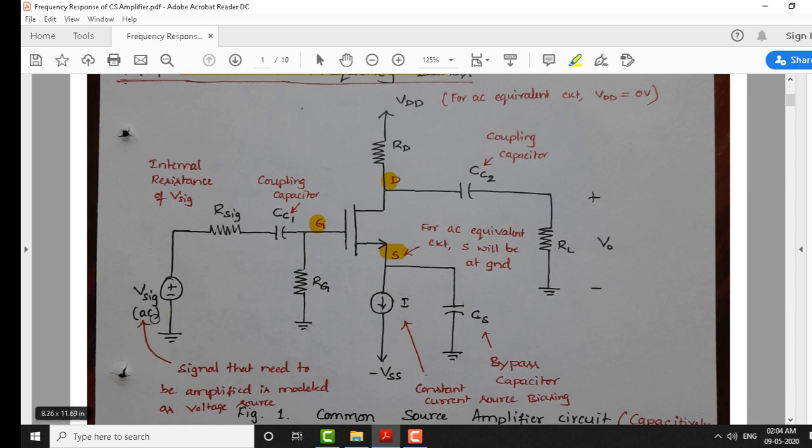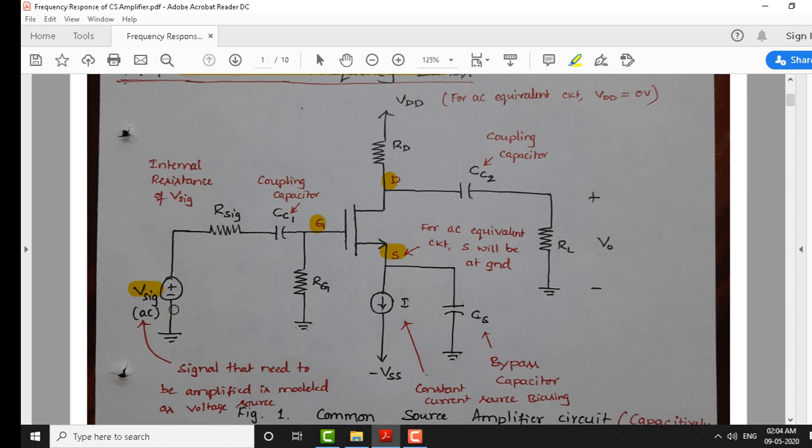The input AC signal, the signal that needs to be amplified, is modeled as a voltage source, V signal, which is applied to the MOSFET.